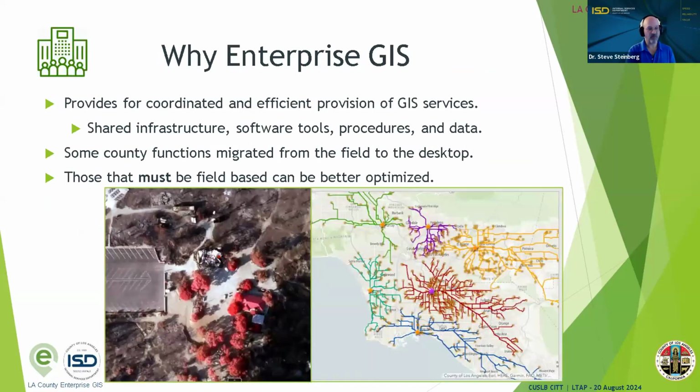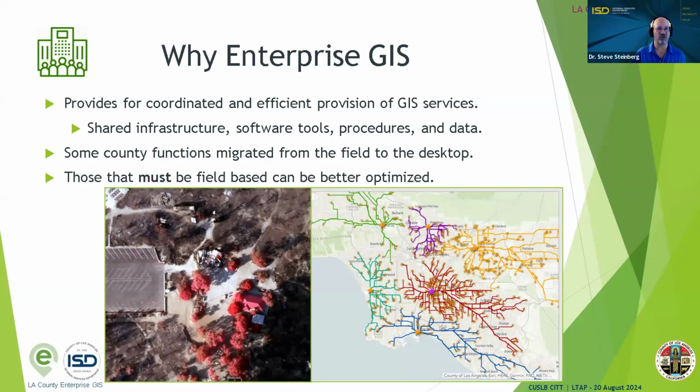So in LA County, we run our GIS operations as what's called an enterprise GIS system. What that means is we have a centralized GIS team, our enterprise GIS team, that supports all of our departments across the county. And what that also does, much like Tim's does in a different way, is we organize and manage all of the GIS data and imagery for all of our county departments to leverage.